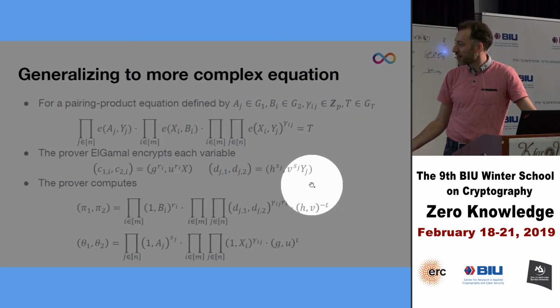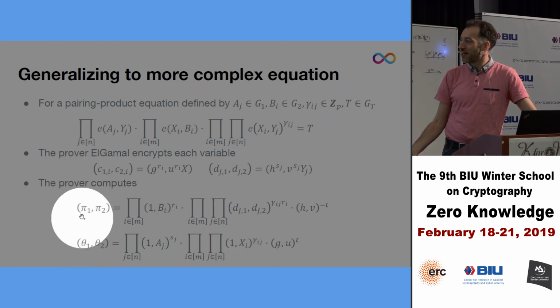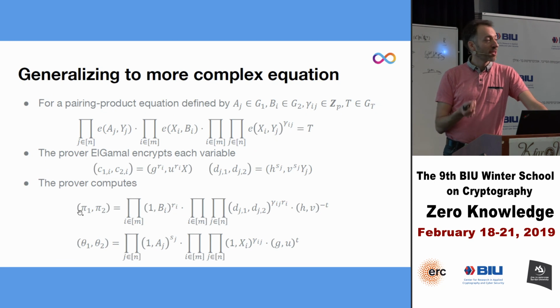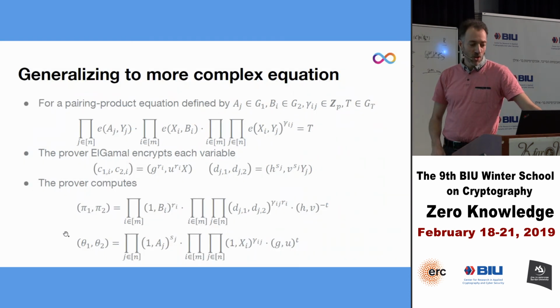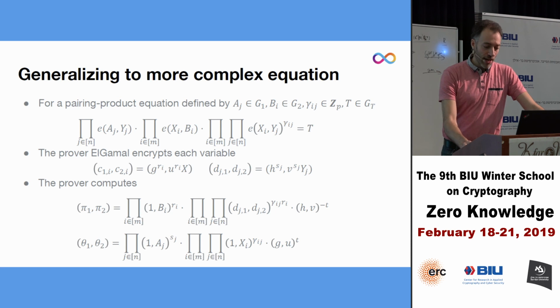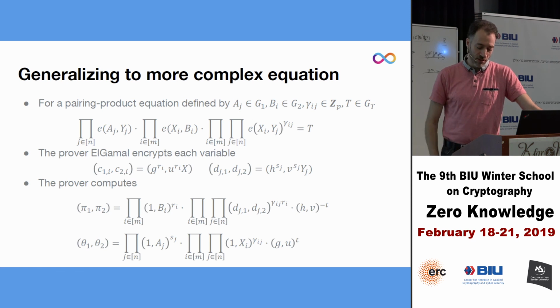You still have some randomization in the end, so you get some random proof elements, and you still get for every equation just 4 proof elements, pi1, pi2, and theta1, theta2. Okay, and you can do this kind of generalization for many types of equations, but I think this is a good time to take a break.